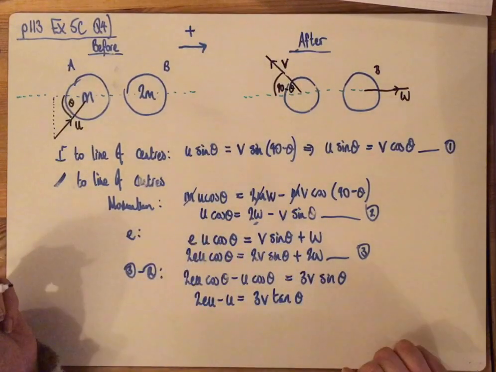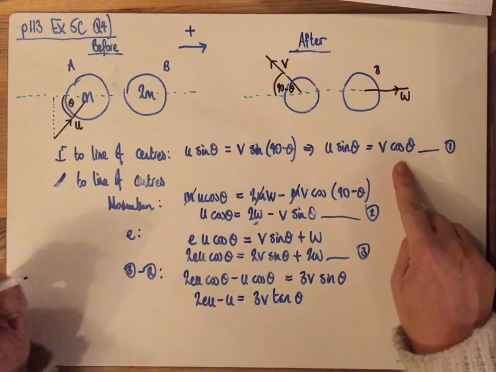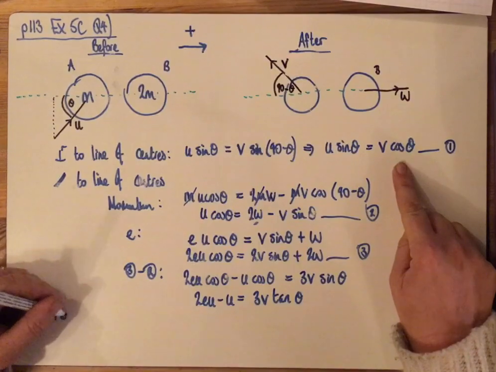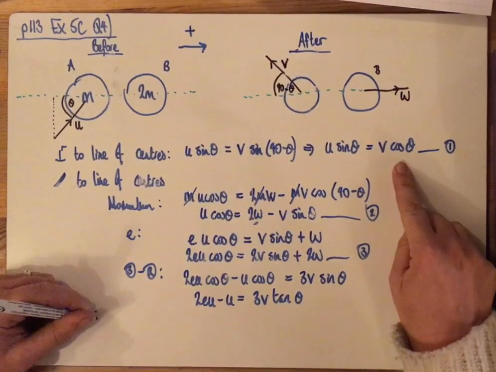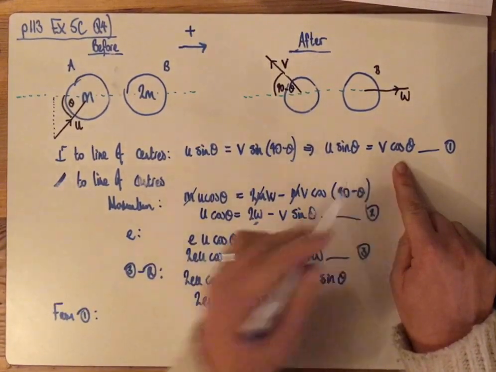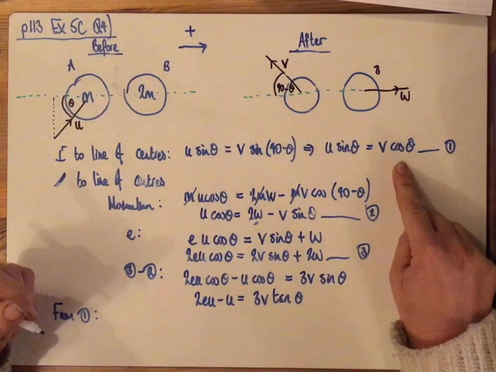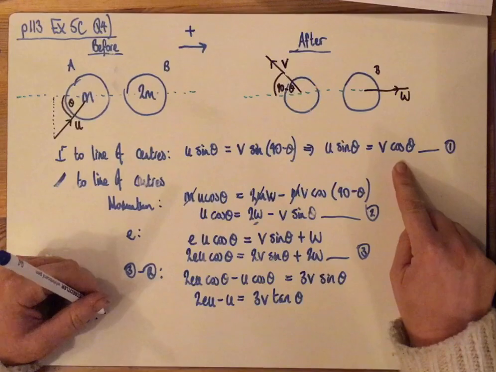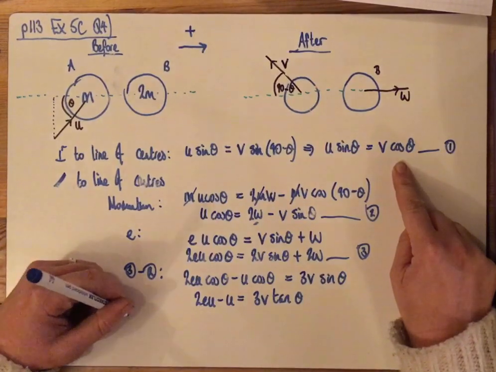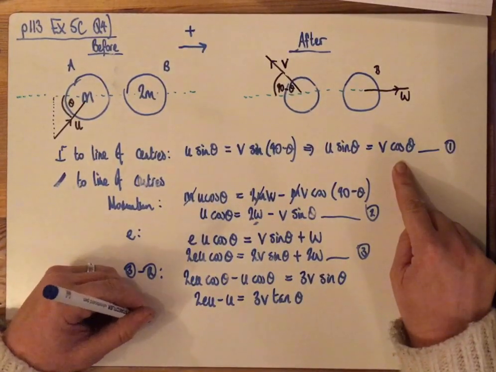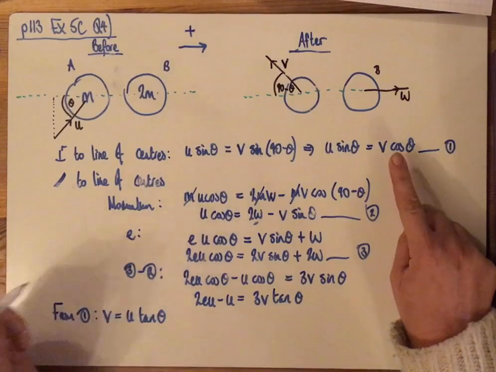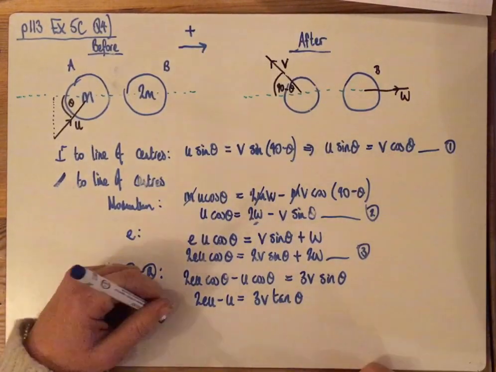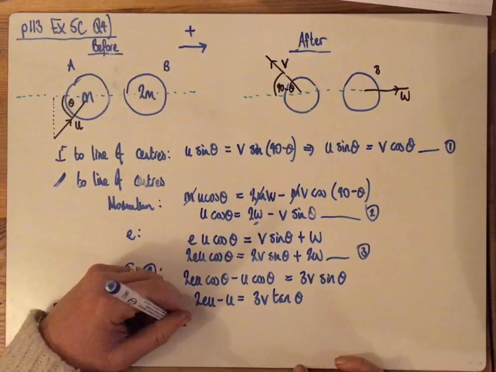But we know from up here, from equation 1, that u tan theta is equal to v. So v is equal to u tan theta. So we can substitute in.